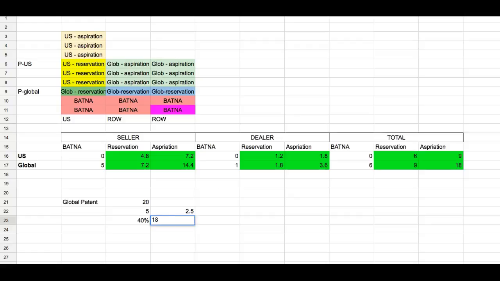So this is 2.5 and 18, okay, that's an alternative scenario. What I would say is, can you put the global percent value on top? There's no global percent value on top of the 2.5 or 18.